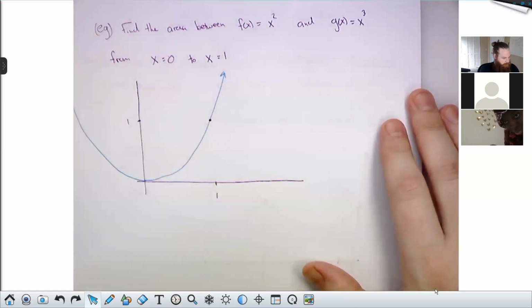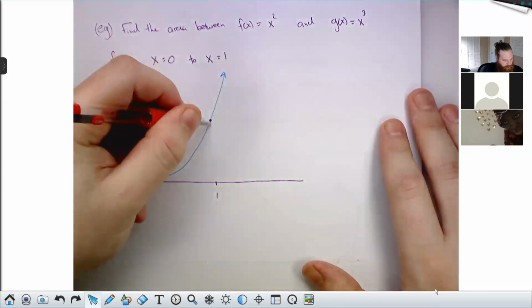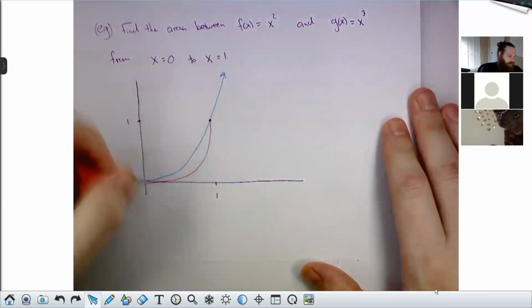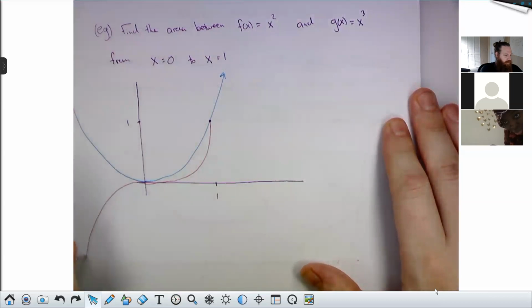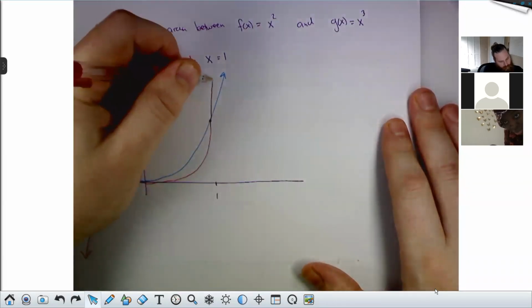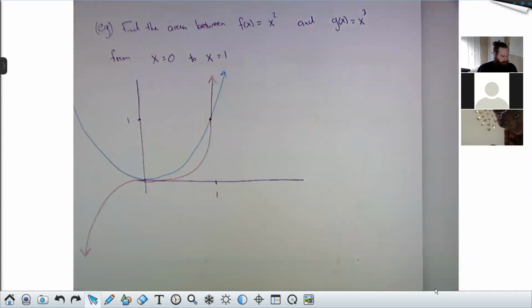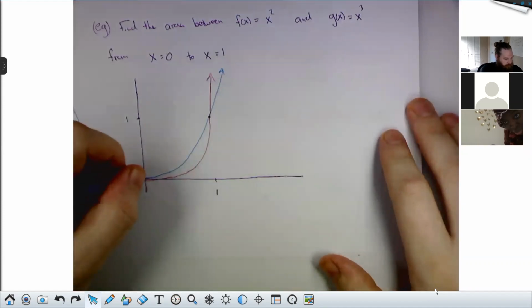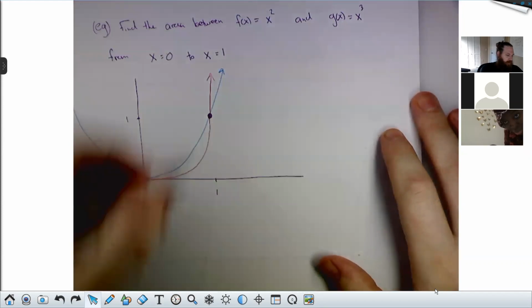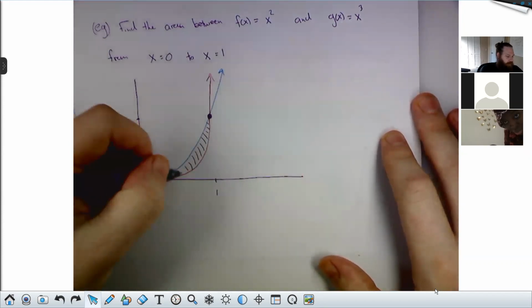And x cubed actually sits below x squared. And then it has this S shape. They touch at 0, 0 here, the origin, and they touch up here at 1, 1. So the area I'm looking for is the area between these two curves.